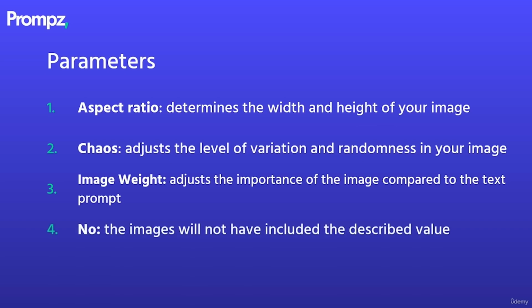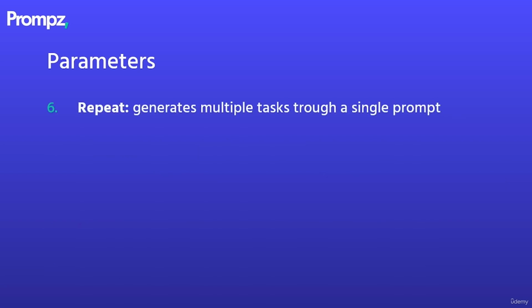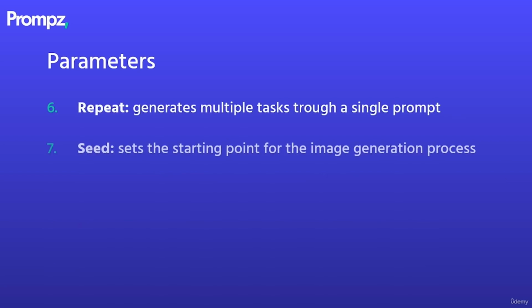With the parameter no, the images will not include the described value. Quality alters the level of detail and rendering time of your image. Repeat generates multiple tasks through a single prompt. Seed sets the starting point for the image generation process.